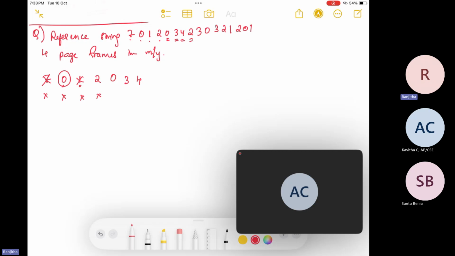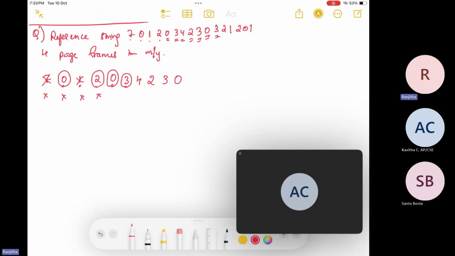Now when 2 is referenced, 2 is already there. So we just bring it to the front so that 2 will be the most recently used one. Now again when 3 is referred, 3 is also there. Just bring it to the front. Now 0 is referred, 0 is also there. Just bring it to the front.